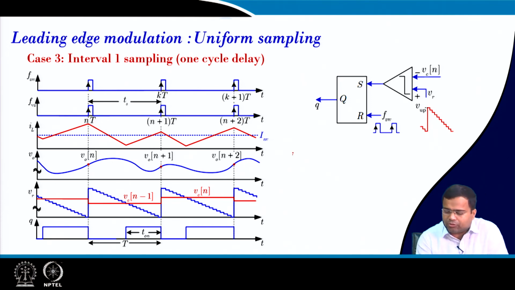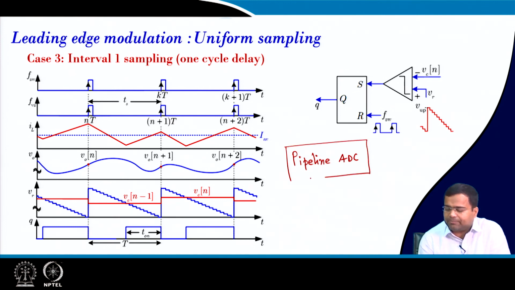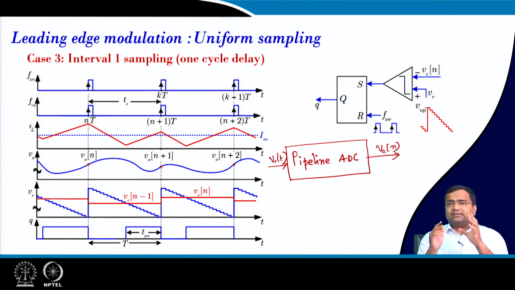If you talk about a pipeline ADC, suppose this is your time domain waveform and this is your voltage. In a pipeline ADC, the propagation delay depends on the number of clock cycles, that is, how many pipeline stages there are. So, if we use a fast clock, then the delay can be reduced.